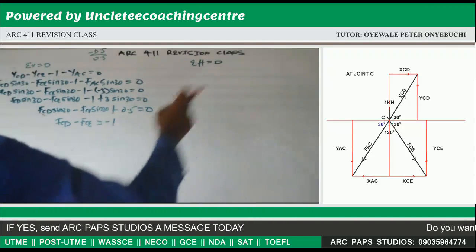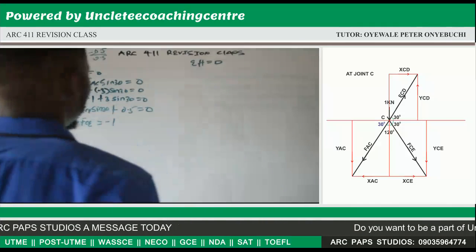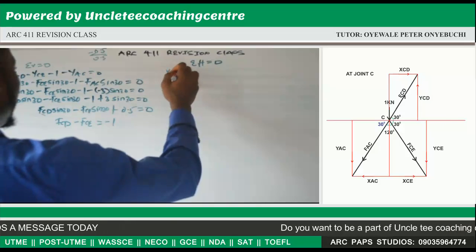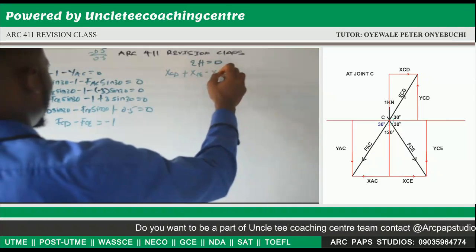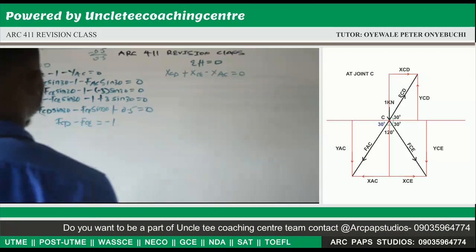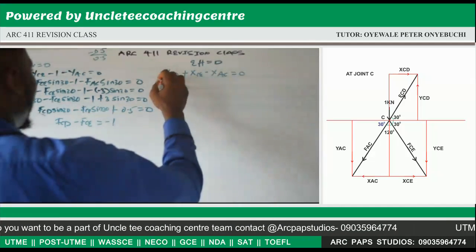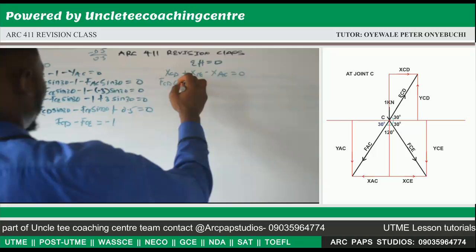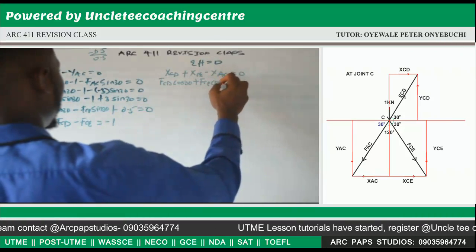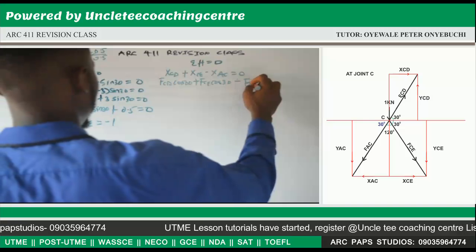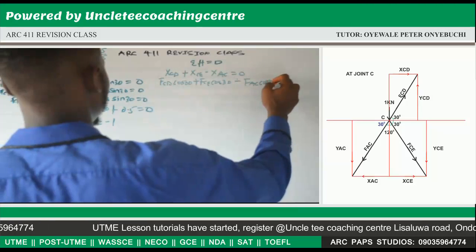Now let's do the same approach for our horizontal forces. The first one we have there is XCD plus XCE minus XAC is equal to 0. Now let's resolve. FCD cos 30 plus FCE cos 30 minus FAC cos 30 is equal to 0.